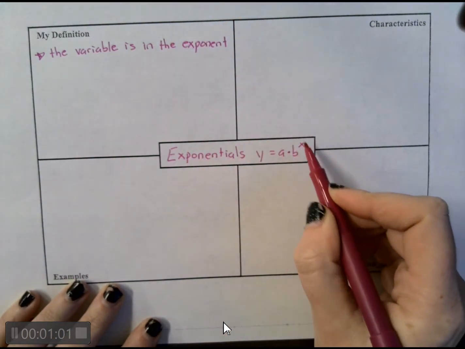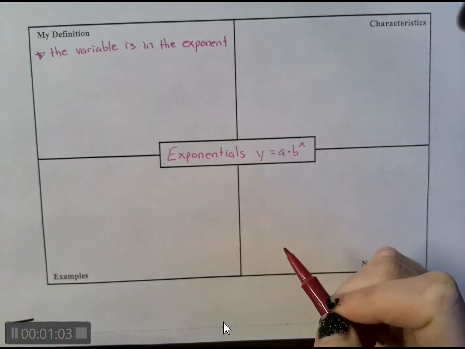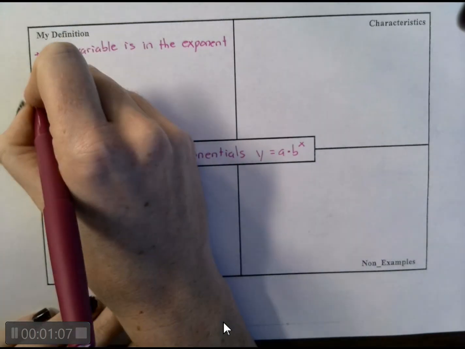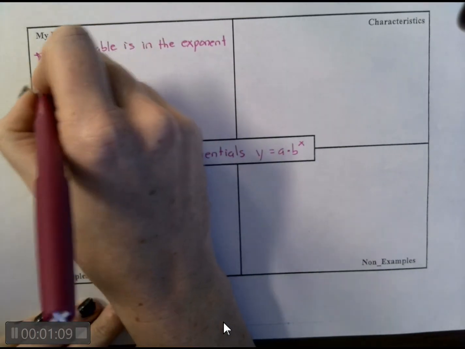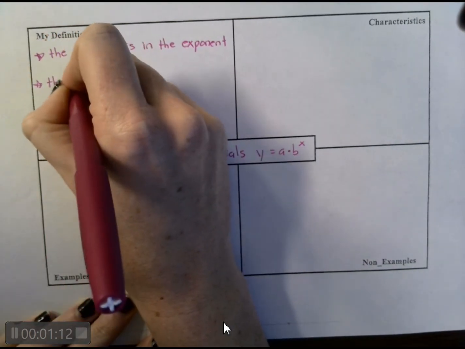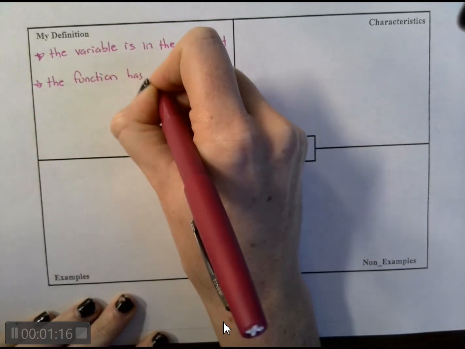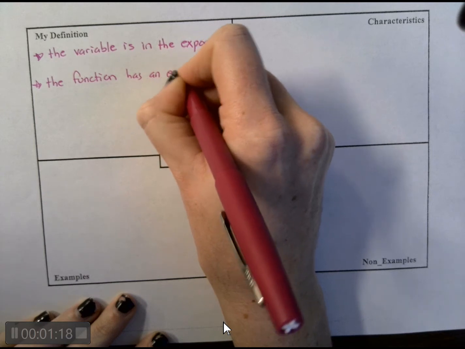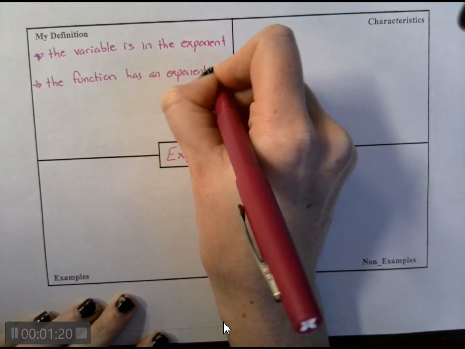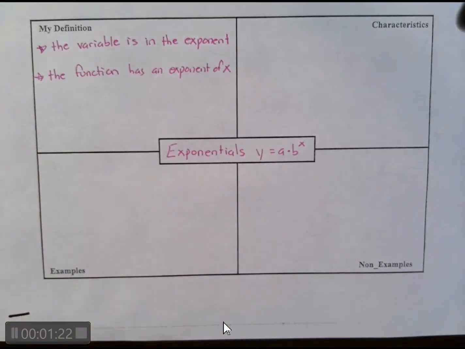Our x now is in the exponent. Isn't that cool? Alrighty. So this time, the function has an exponent of x. Okay, and that's a great way to start with exponentials.